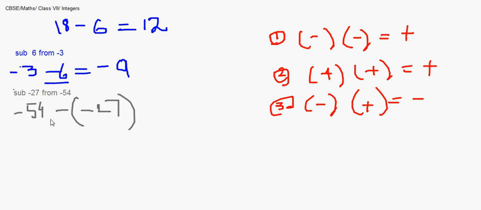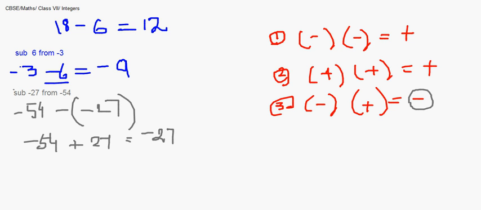First you need to remove the brackets. Again, you have two negatives. Two negatives makes it positive. So I'll write minus 54 plus 27. Now you have one negative, one positive. That makes the function negative. Refer to the third point. So 54 minus 27 is 27. Now the greater number is 54. That carries a negative symbol. So here we'll put a negative symbol. So minus 27 becomes your answer.